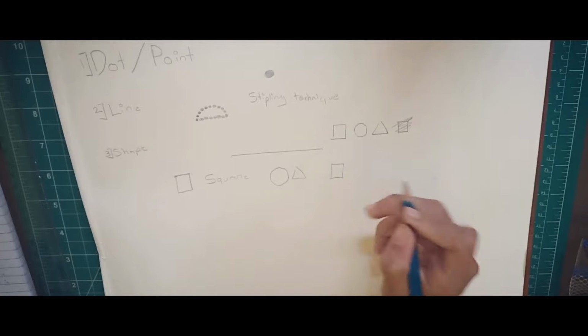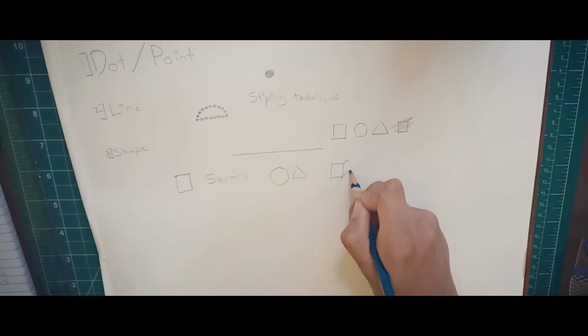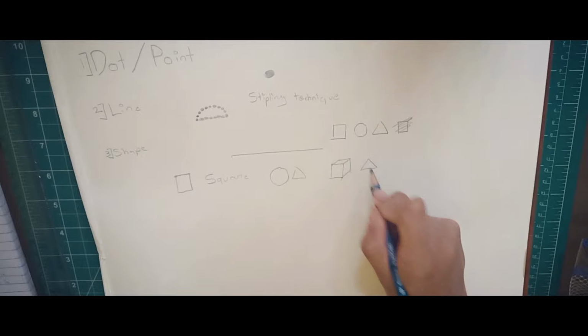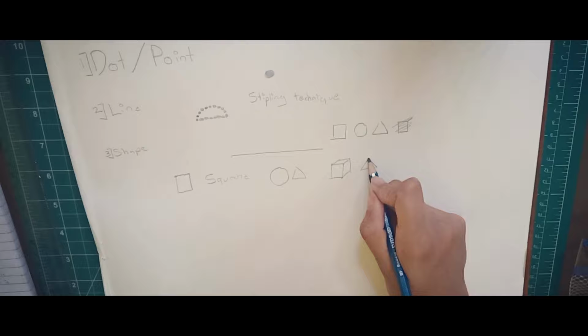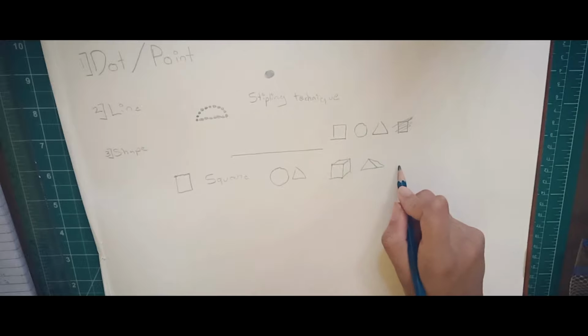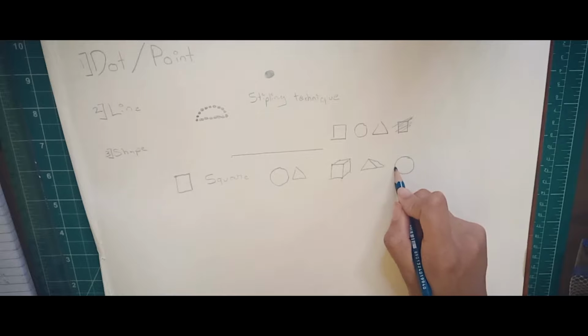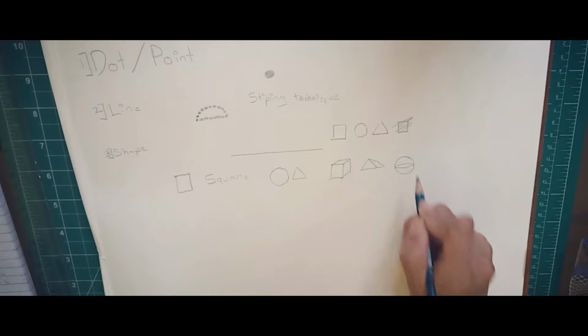The fourth thing we're going to talk about is form. The third thing was shape, the fourth thing is just extending on shape, which is a form. A form means a 3D thing, as in a shape is a square, but a form would be a cube. A shape is a triangle, but a form would be a pyramid. A shape would be a circle, but a form would be a sphere.